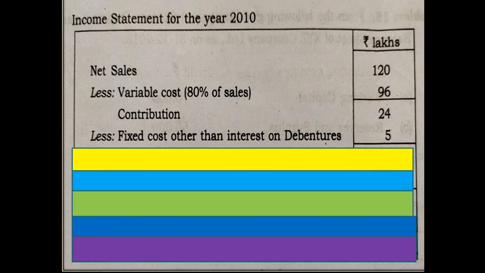There is no other information regarding interest on debentures. So it is implied that whenever a percentage item is given, it represents either interest payable or dividend to be paid, depending upon the detail in the question. Here it is 15% debentures, which means you need to give interest on debentures. So 15% of 20 gives you 5.